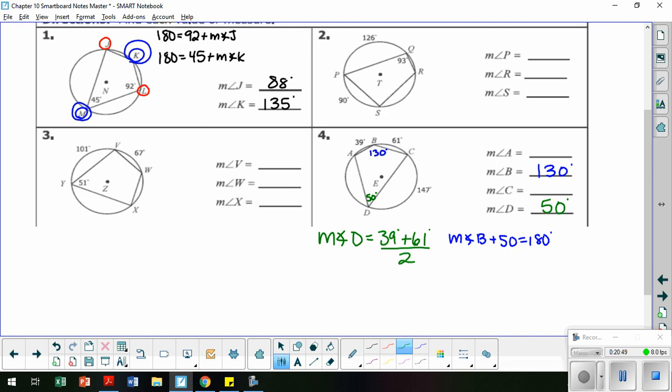Okay. This right here cuts off that arc, we know that this angle is 130, and that's going to be half this arc. So we could figure out what AD is here by our angle, which is 130 degrees, is going to equal, let's label that X, X plus 147 divided by 2.